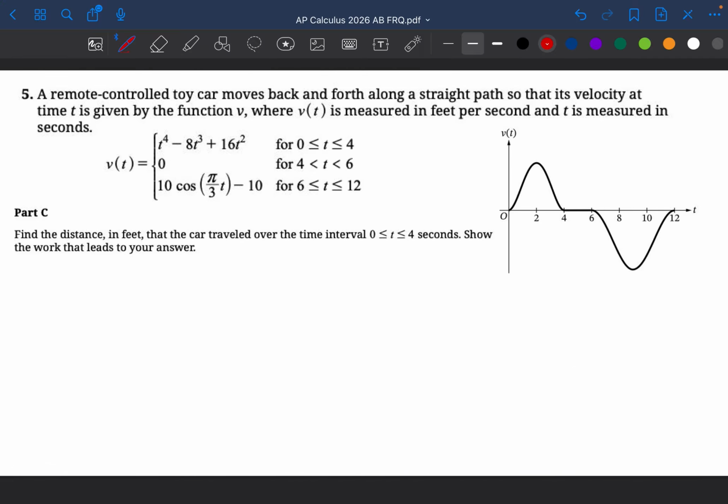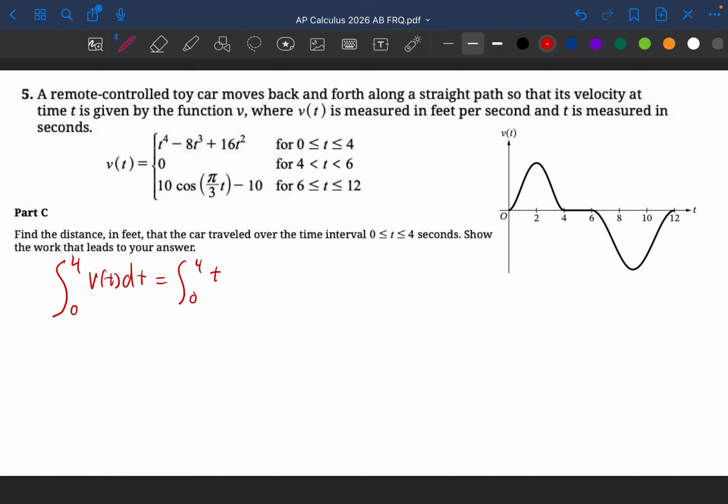Part C, find the distance in feet that the car traveled over the time 0 to 4 seconds. So we're going to take the velocity and take the definite integral of that. And since it's from the entire time interval 0 to 4, we just need this one formula again.